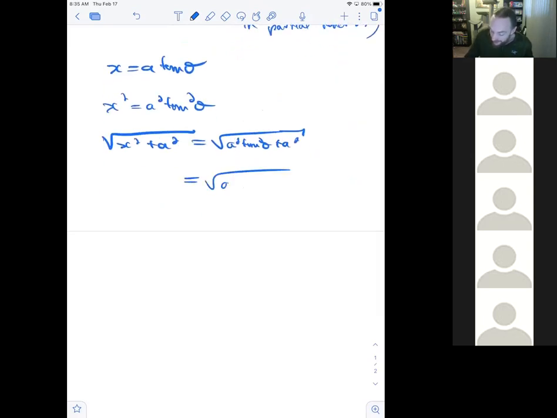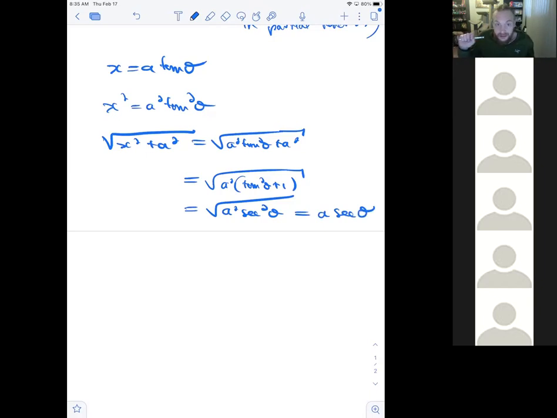This is the square root of a squared times tan squared theta plus 1. By the Pythagorean identity, tan squared theta plus 1 is secant squared theta. So this is the square root of a squared secant squared theta, which is an absolute value, but in the region that we're considering, we're going to make this positive. So this will be a secant theta. So we got rid of the radical.